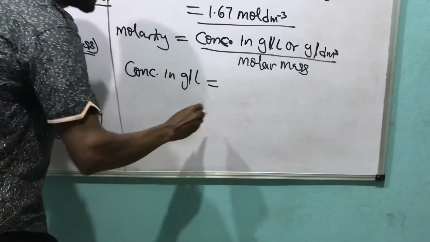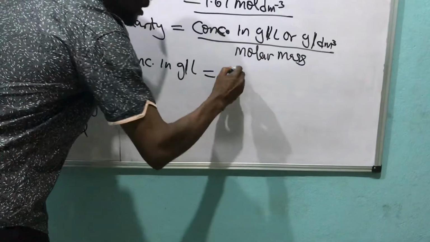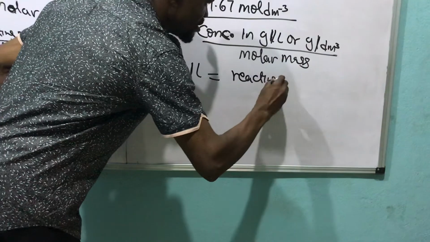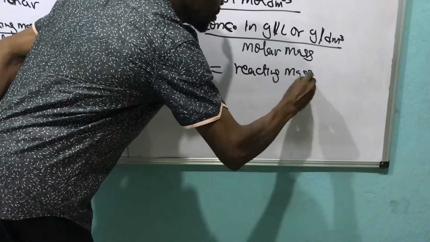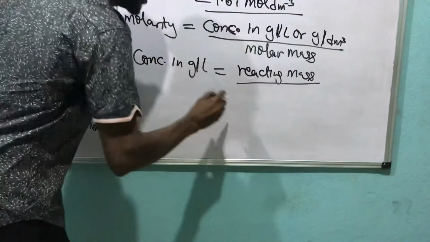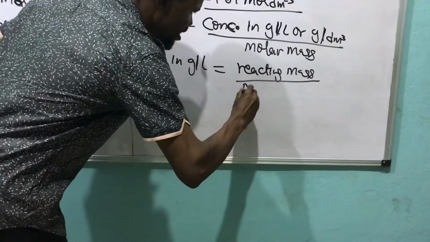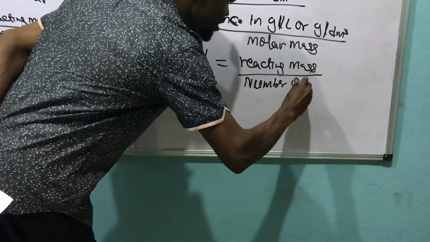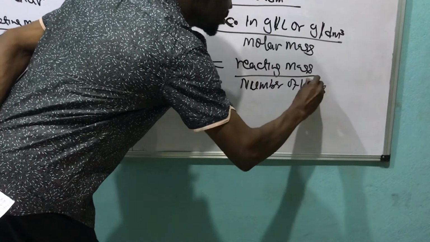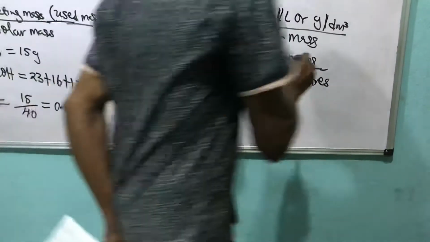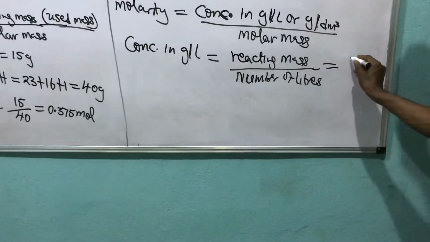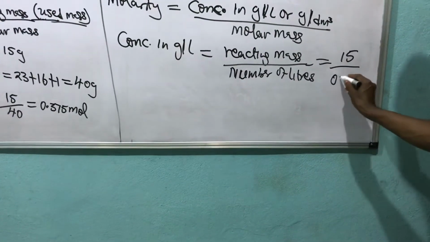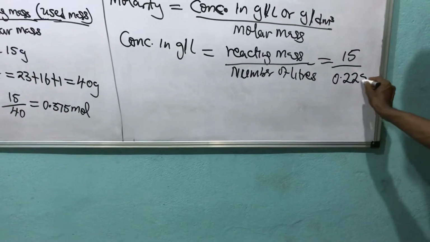First, I will say reacting mass over the number of liters used. What is my reacting mass? My reacting mass is 15. Number of liter used is 0.225.